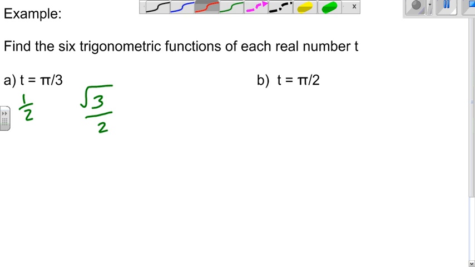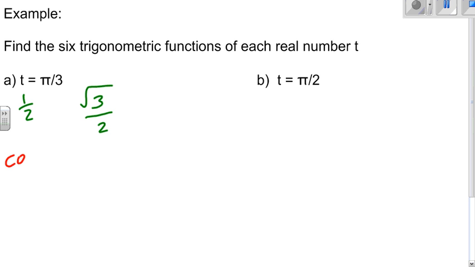So let's write this as cosine of t, or we could say cosine of pi over 3, either way, is 1/2. Sine is square root of 3 over 2.